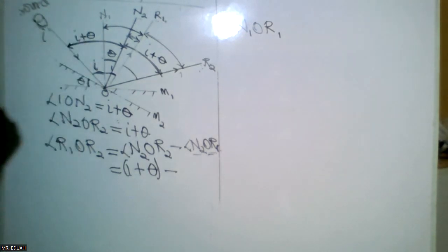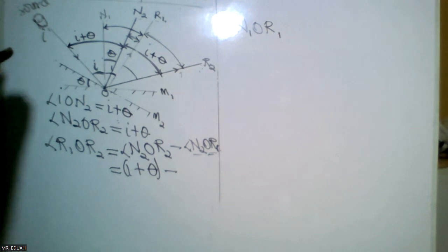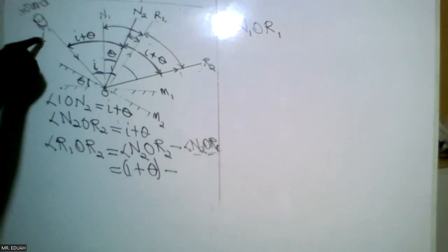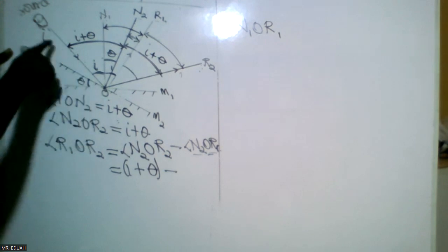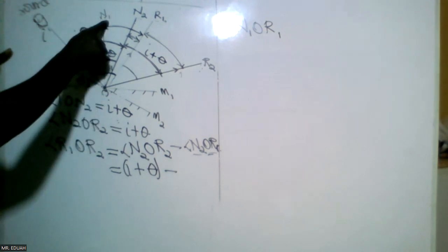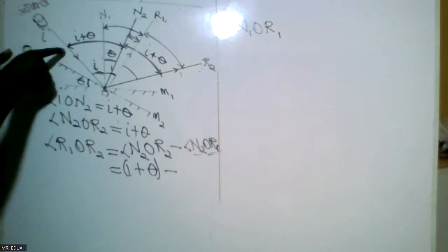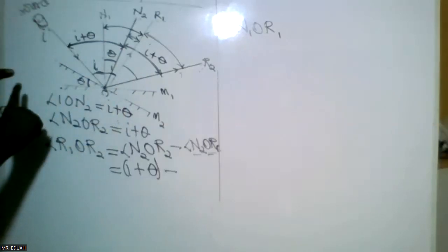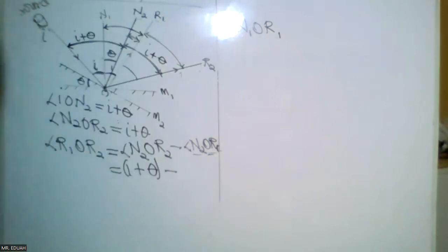This angle is the old angle of reflection. The incidence is ION1, and R1 is the reflection of R. The one represents when we haven't rotated the mirror, and the two represents when we have rotated the mirror.